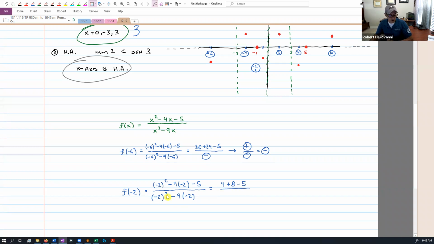Over, -2 cubed is -2 times -2 times -2, which is -8. And then -9 times -2 is +18. So your numerator is 12 take away 5, that's positive. And then -8 plus 18 is also positive. And a positive divided by positive is positive, which is what happens at -2. You should be up here somewhere.